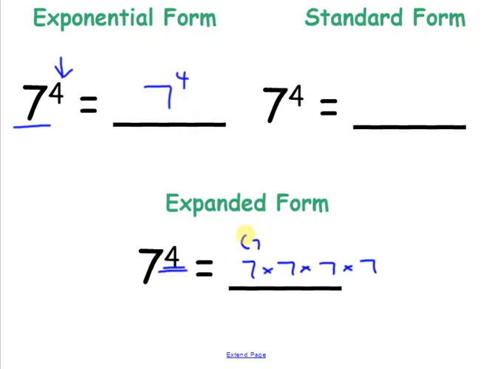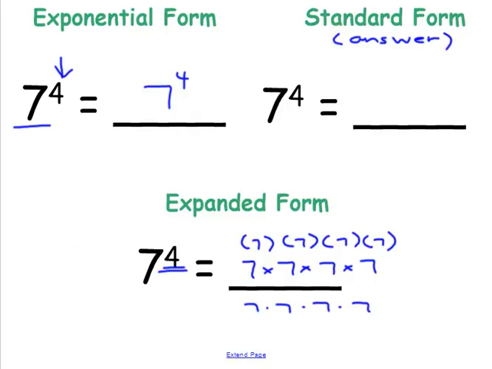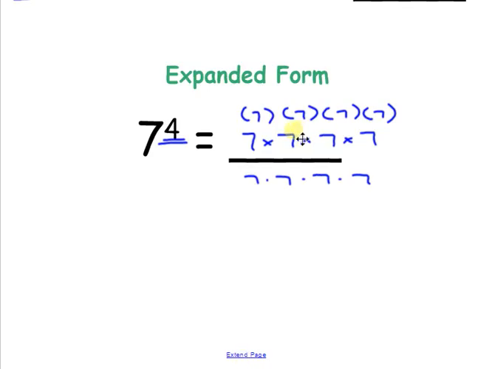You can also write it in parentheses next to each other, and you can also write it with a dot instead of an x. Now in standard form, and remember standard form is the answer, I like to come down here and use my expanded form because it helps me out. So I had 7 times 7 times 7 times 7.